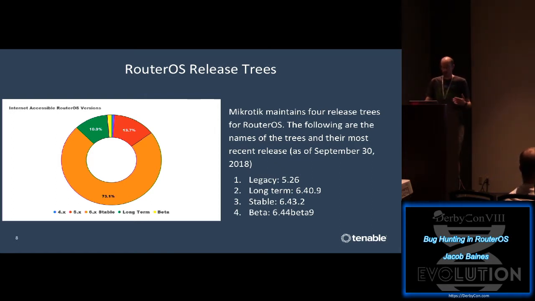A whole lot of stable, and nearly equal amounts of long-term and legacy. Bizarrely, there's measurable amounts of their beta releases, which is actually release candidate code, which I wouldn't run on my router. And finally, there was measurable amounts of 4.x. The last 4.x release was 7 years ago, so it's not great.